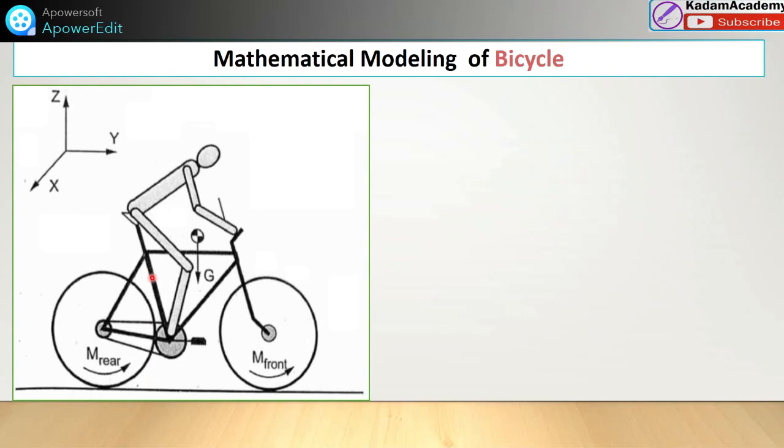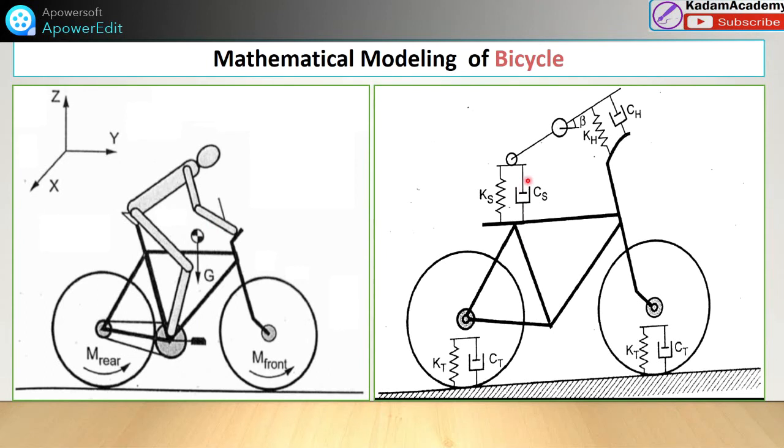The bicycle is divided into the front part and the rear part. For the modeling of vibration of this bicycle, the rider is treated as a rigid body connected to the seat by a revolute joint, and the handlebar arm section can be modeled as a spring damper system.